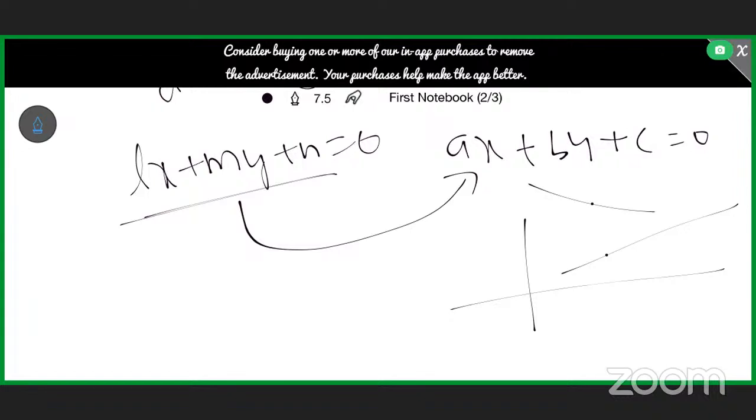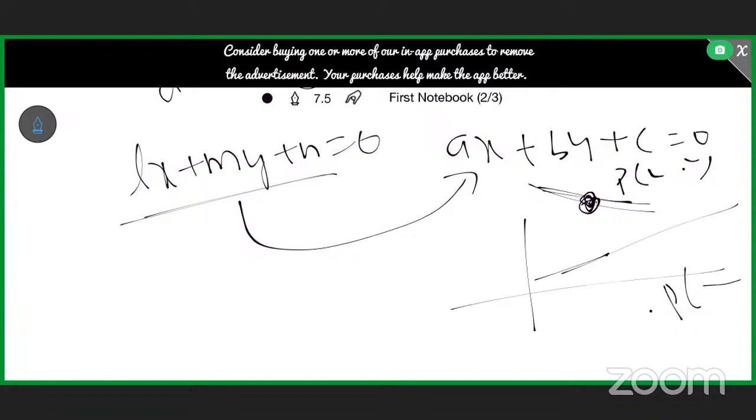If you stand in front of a mirror, your image will come, not your sister's or brother's. So if a straight line gets a mirror, another straight line, and you want the image of this straight line, the image will be another straight line only. That means you will get the image as another equation only. Earlier you took the image of a point P(x, y), so you got another point as the image.